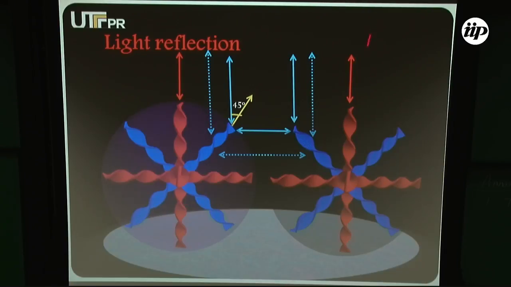So you shine with white light, red light reflects to your eyes because of the band gap I told you before. But some light that makes a 45 degree angle with the helical axis is directly reflected to the other droplet, the neighbor one, and that one is reflected up again. So you should see blue light communication between the droplets.